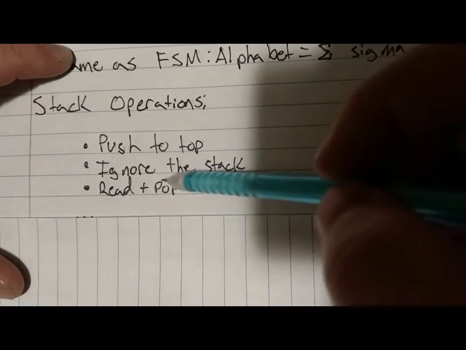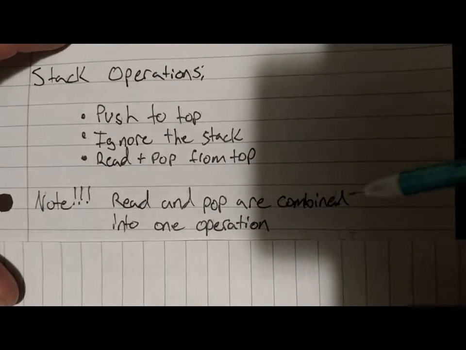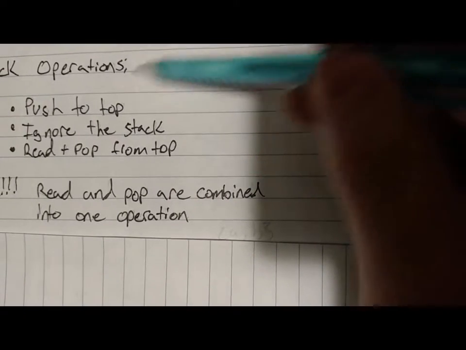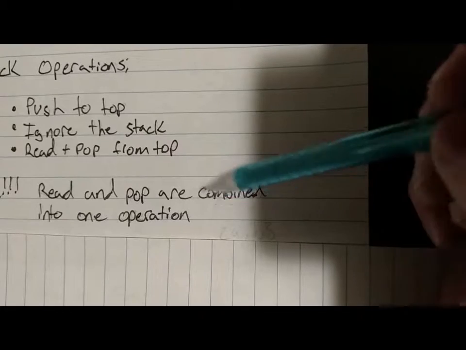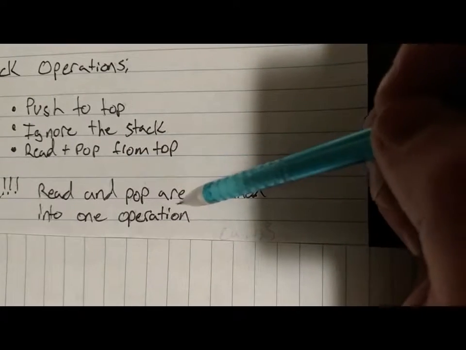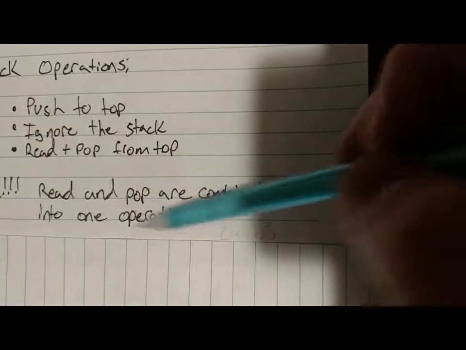Now, this is an important note because read and pop are combined into one operation for this type of stack. So in a programming language, you might be able to read the top of the stack without popping that element off, or pop that element and not even care about what data is in it.